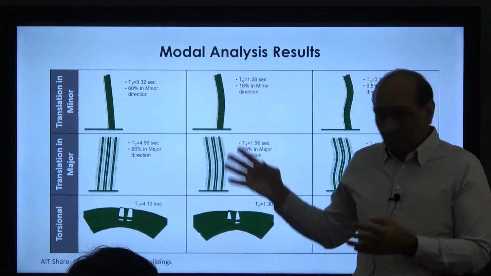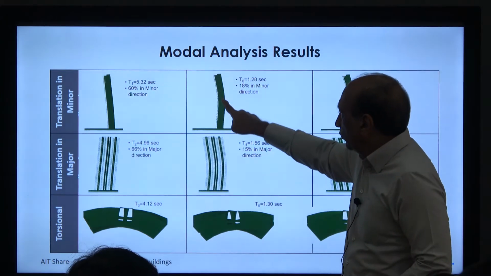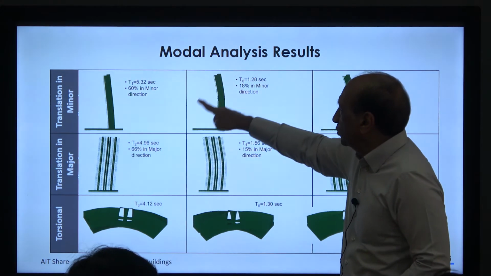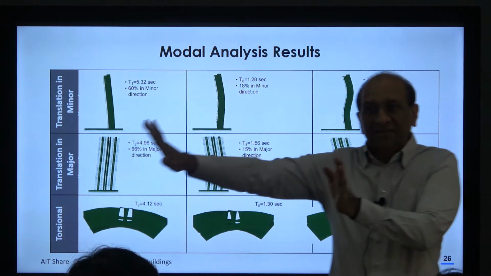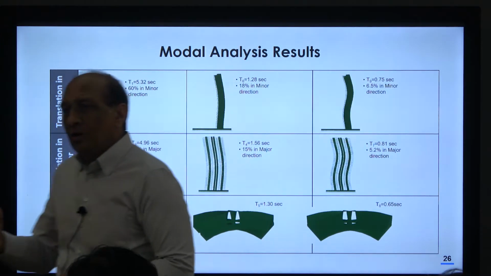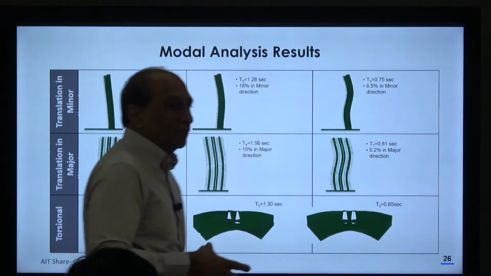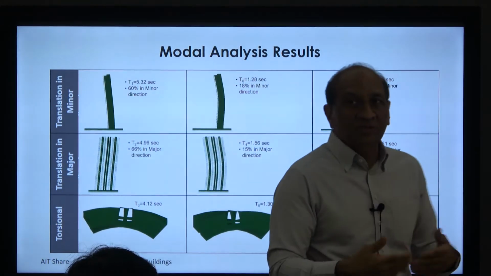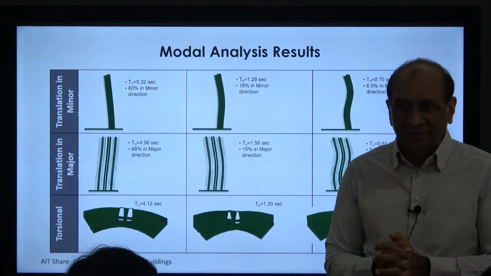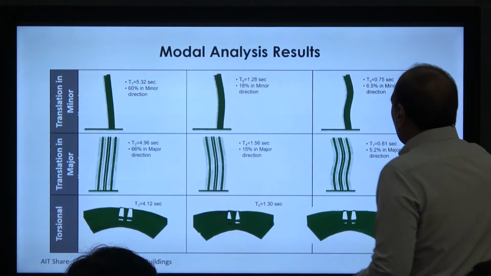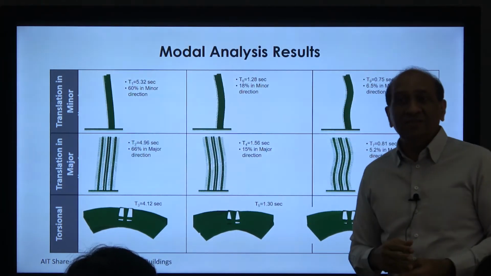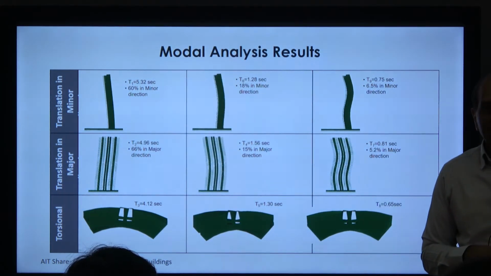So here also most of the mass is not moving, a small portion is moving. Over there the whole building is deflecting. So as we go higher and higher, smaller and smaller portions of the building are moving, oscillating in that mode. That means the mass participation is smaller and smaller, right? And the natural period is shorter and shorter, the frequency is higher and higher, right?